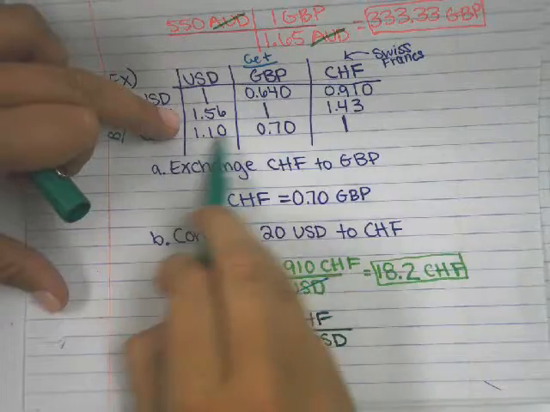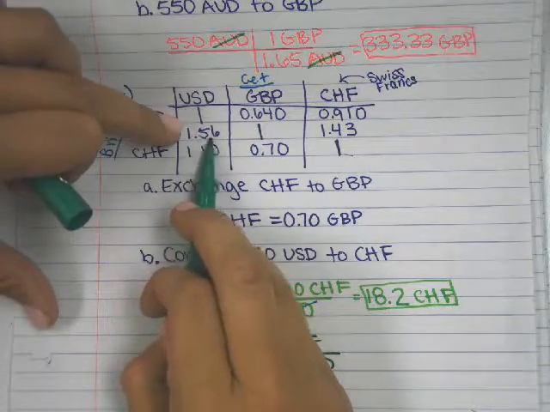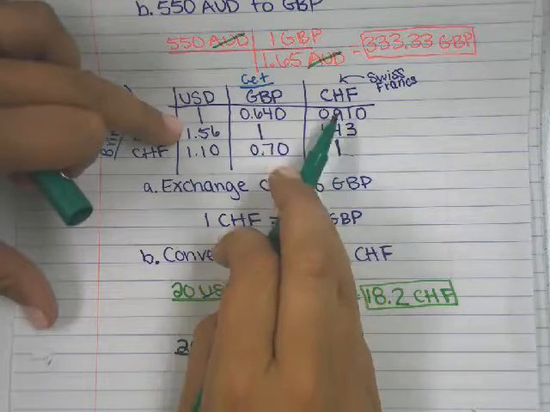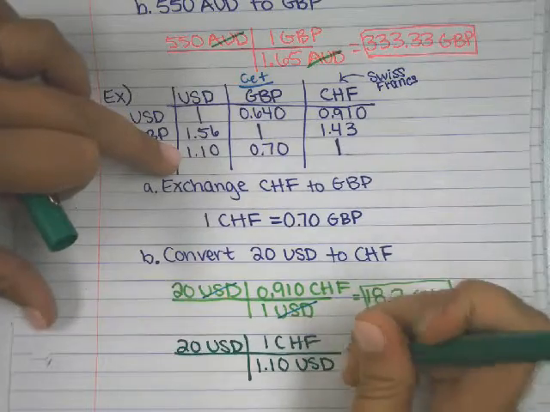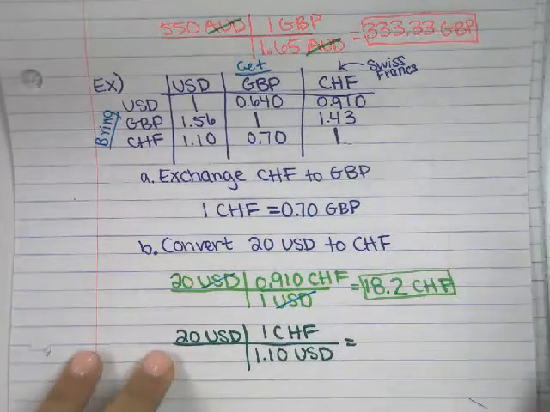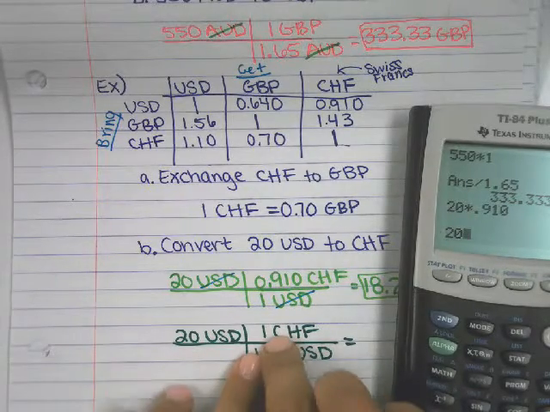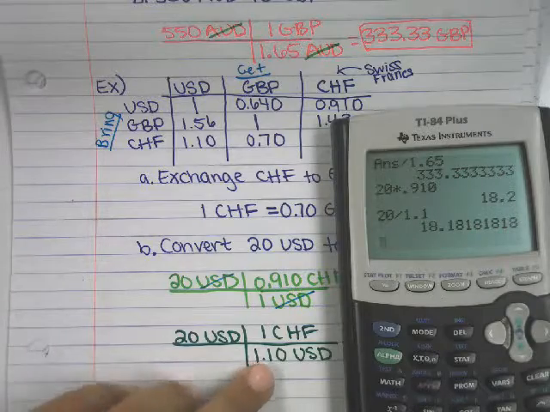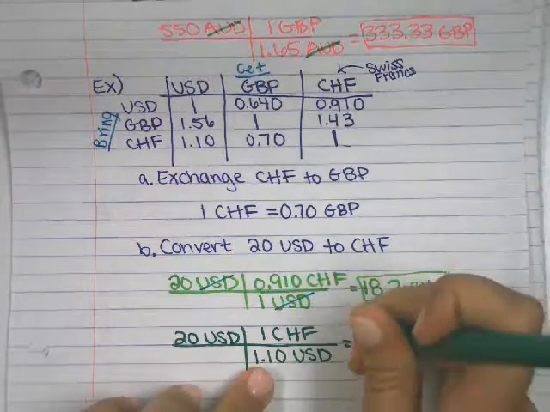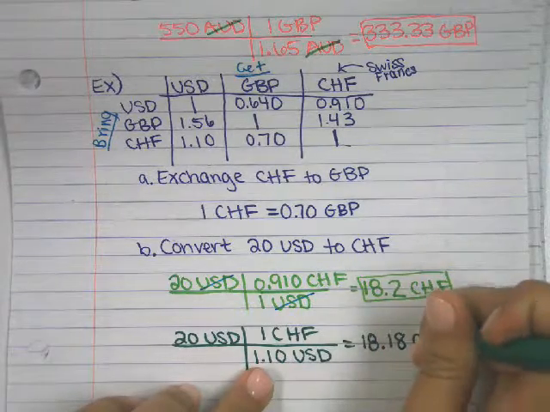So we're looking at this row here. You could pull from the middle row, but that's kind of crazy, right? 1.56 US dollars is 1.43 francs. So those are icky numbers, but this one's got a 1 in it still. And let's say we divide instead. So we take our 20, we'd multiply it by 1, which doesn't do anything, so divide by 1.1. There we go, we get 18.18. That's just going to be some rounding differences there.